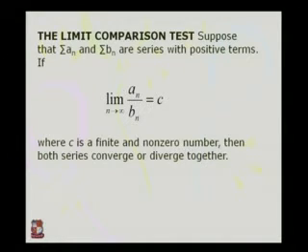To decide the convergence or divergence we need to use the other method. Okay, so this is the limit comparison test, and let us look at some examples related to the limit comparison test and the P series test.